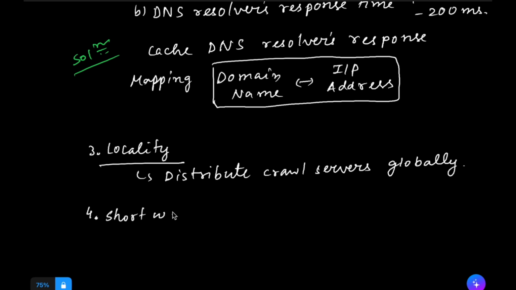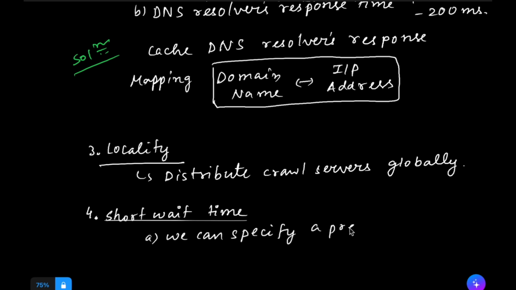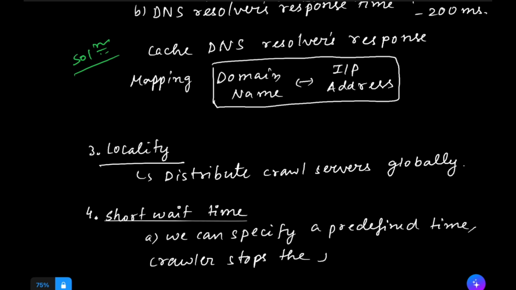Let's say a web crawler is waiting for a longer time for a web page to respond, and the response is not happening. What we can do is specify a predefined time after which the crawler stops the job for that web page if there is no response.